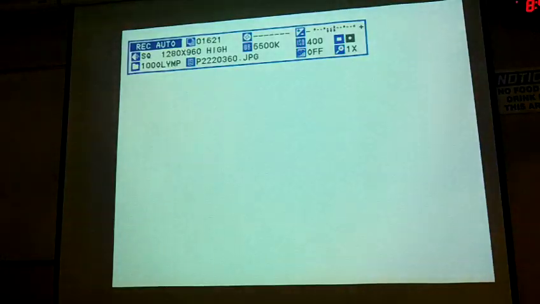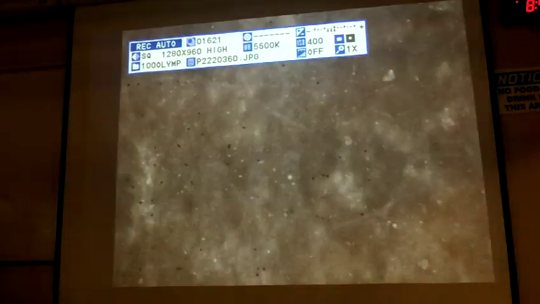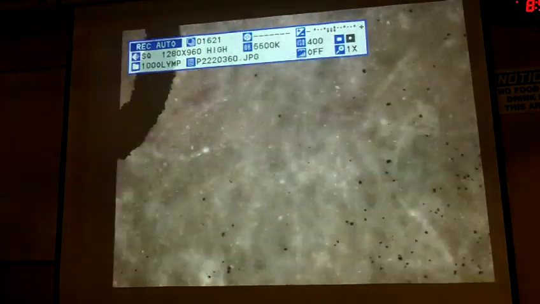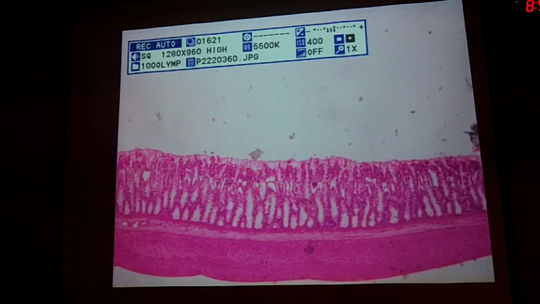So if we go to the colon then, one really distinctive thing about the colon is that, embedded in the epithelia, you're going to see lots and lots of goblet cells, cells that secrete mucus.